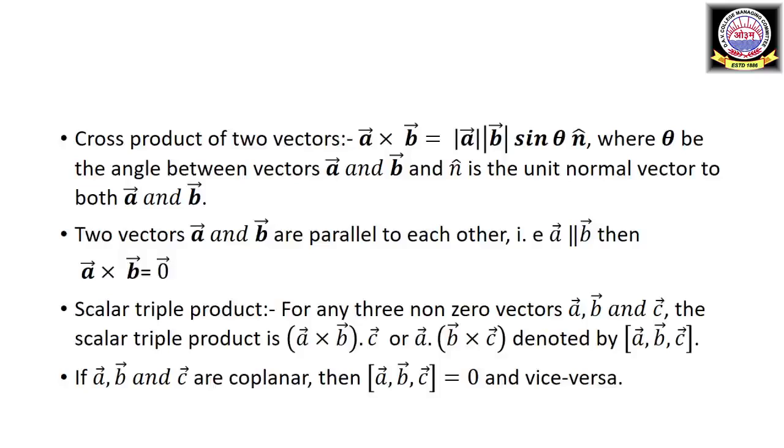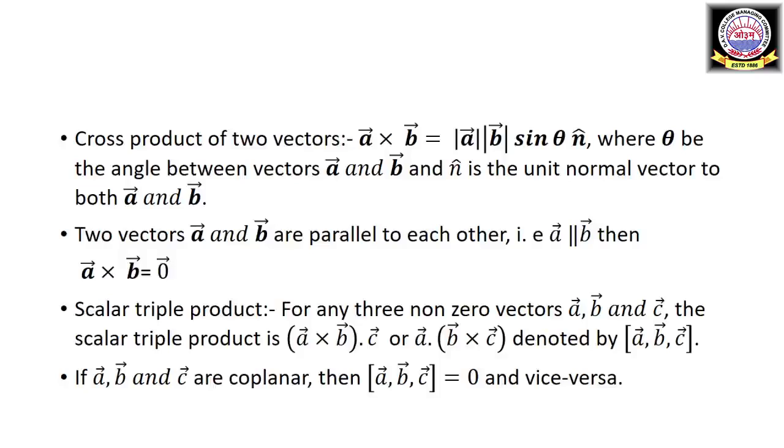Obviously, because if you do this, A cross B is a vector. This vector will be dotted with C vector. So suppose A cross B is X vector. So X vector dot C vector, X dot C, must be a scalar.